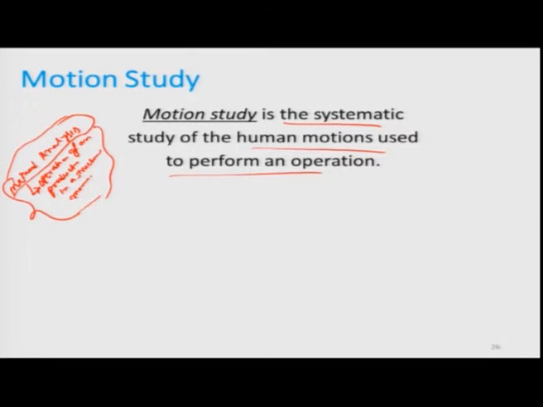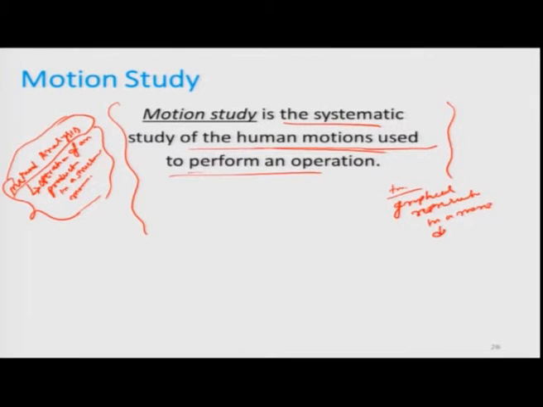Now, in a motion study, you are focusing on the human motion used to perform an operation. Again, it is a type of chart-making in a process for work design, but in a different way. Here you will also count time and use a graphical representation in more detail, because in method analysis only 5 symbols were used to design a work system.